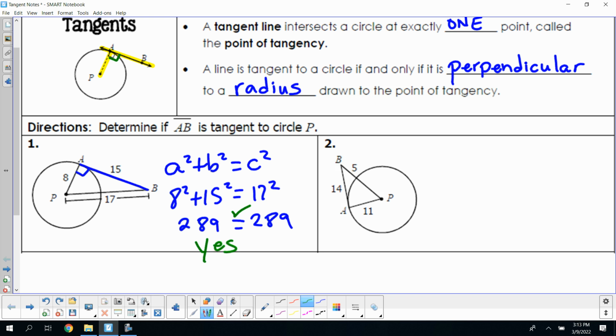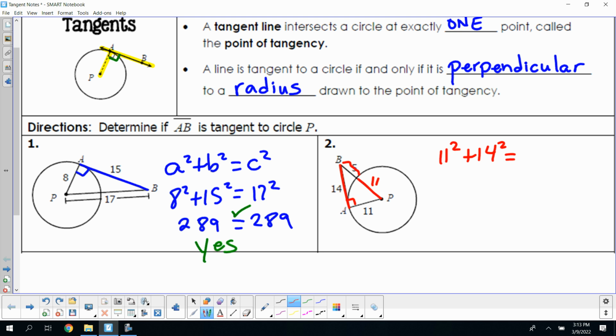All right, let's check number 2. We have our line AB, and we need to check to see, does it create a 90-degree angle with that radius AP? Again, we're going to do A squared plus B squared equals C squared. So 11 squared plus 14 squared should equal, well, they only gave us part of this hypotenuse, but we know from here to here is 11.